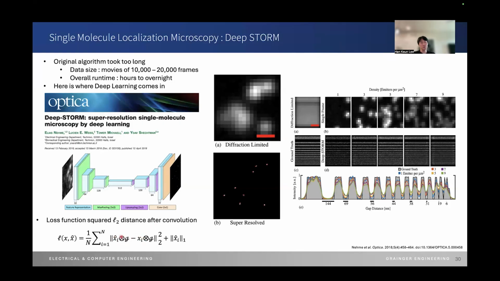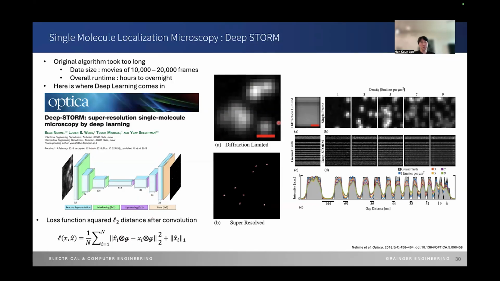So if the predicted location is identical to the ground truth location, this whole term will go to zero, and therefore the loss will be zero. However, if there's a lot of difference, this term will create a large number, and therefore that can be used in backpropagation in the model training.